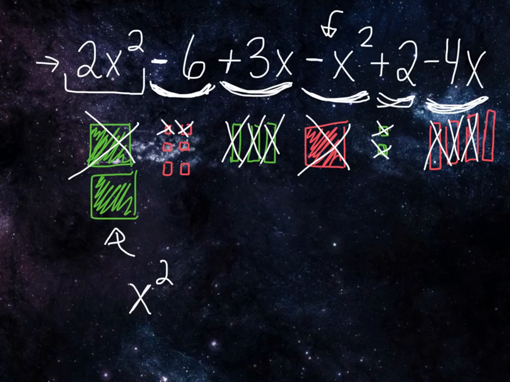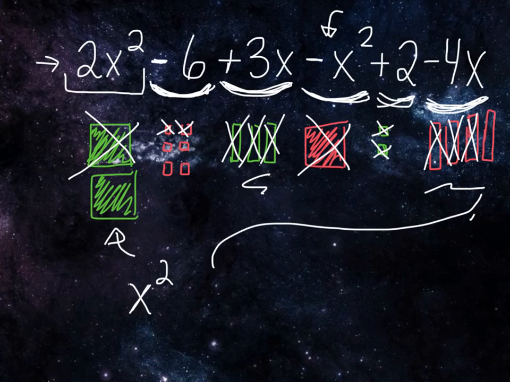Next, we'll take a look at our x terms. So there's no x's left here. Over here, we've got 1 left. And it is 1 negative x, which means since it's negative, we're going to be subtracting 1x. I mean, you could write a 1 there, but it's not really necessary.